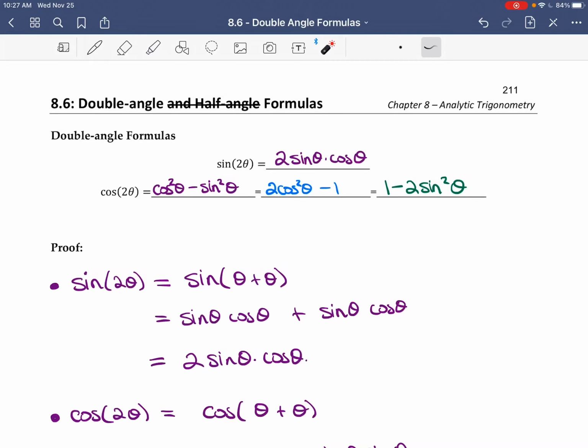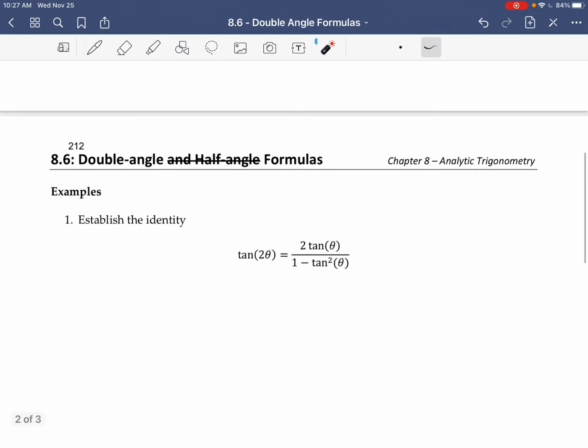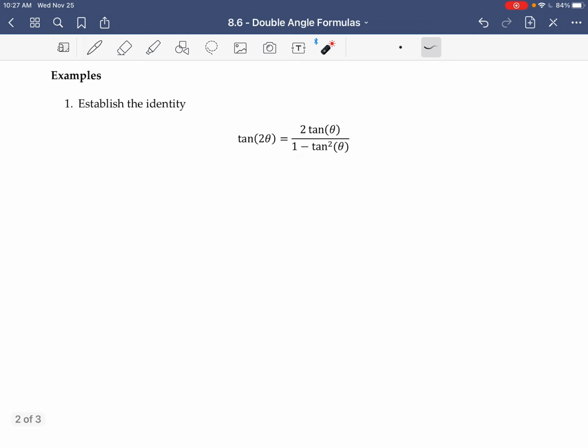In this video, we're just going to do a few more examples using double angle formulas. The first one is to establish the double angle formula for tan.